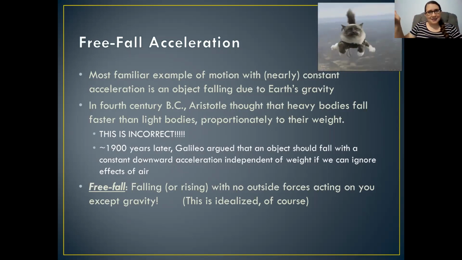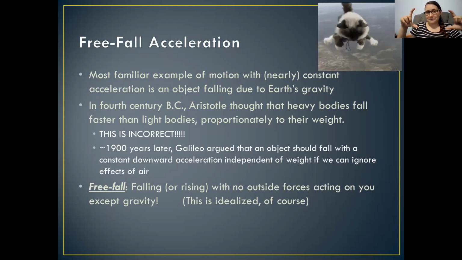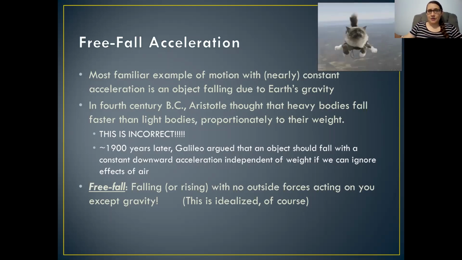So there's no air resistance. And so they dropped this hammer and feather at the same time from the same height. Now, if Aristotle were correct, the hammer would have hit the ground first because it's heavier. But actually, they hit the ground at the same time because gravity is the same.